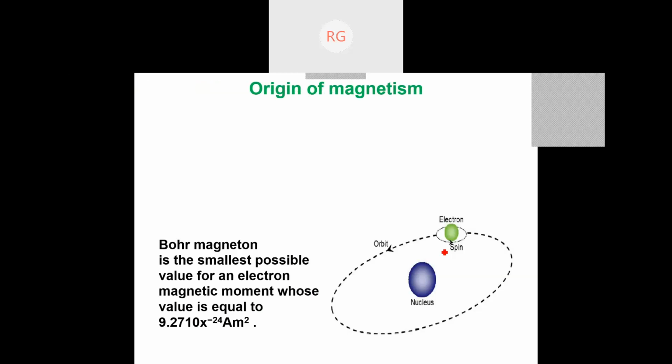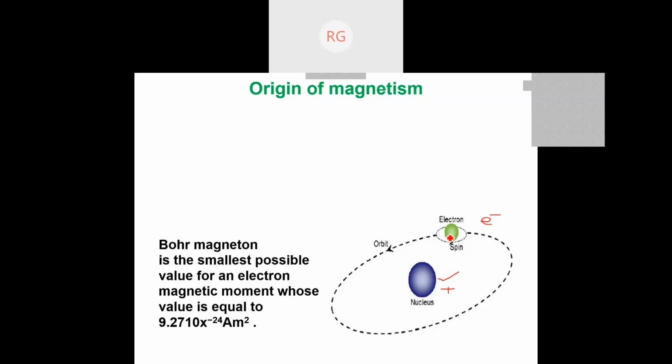So we know that any atom, if you take it, will have a nucleus followed by electrons revolving around the nucleus. And we know that the electron is negatively charged and the nucleus is positive.